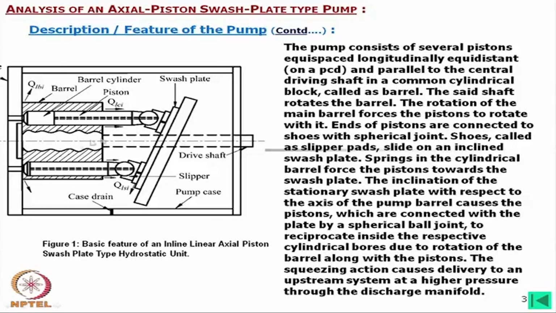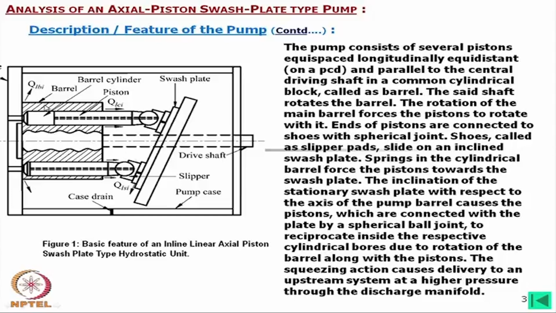Now, while the barrel is rotating, the piston will reciprocate along the axial direction. However, we need another retainer which holds all the slipper pads together, so that they are not detached, because there is no physical connection between the swash plate and the slipper pad.